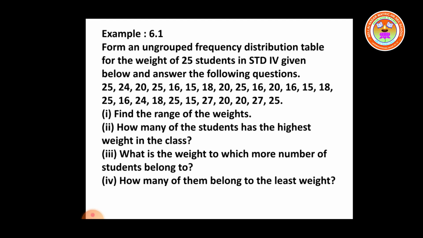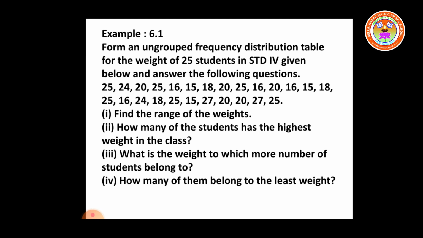And the questions are: find the range of the weights. Second one, how many of the students have the highest weight in the class? Third one, what is the weight to which more number of students belong to? And the fourth question, how many of them belong to the least weight?